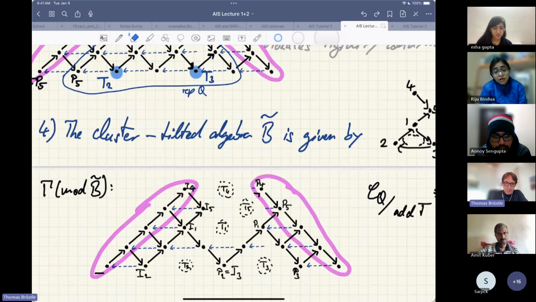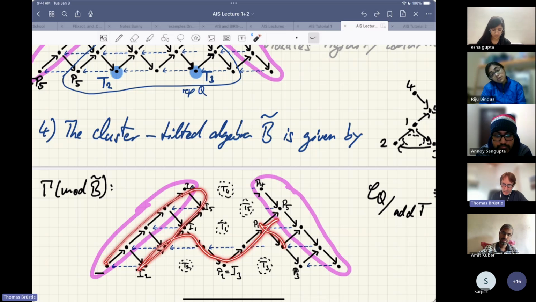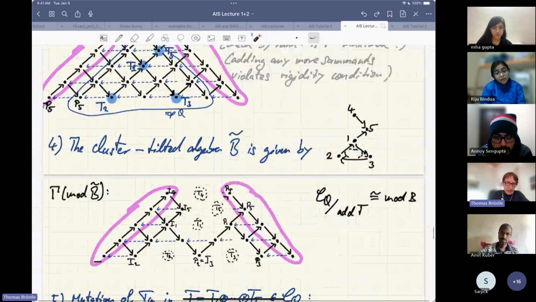So now there are some kind of holes. I give you the ghosts of where the T_i were sitting before, but the category is really given by the black part. You still identify this part with that part. This is the category of modules over that algebra B tilde.